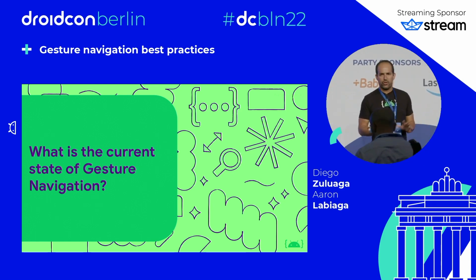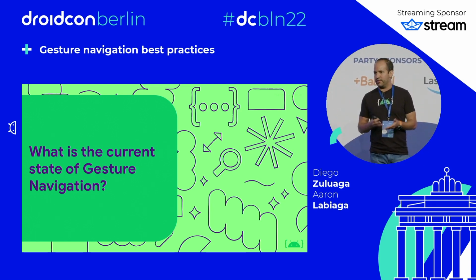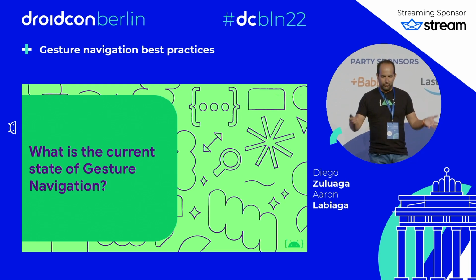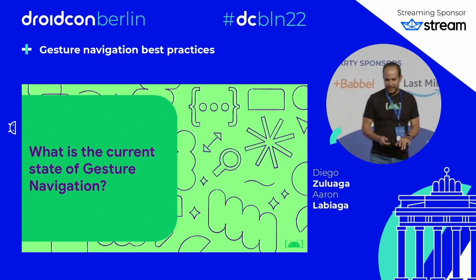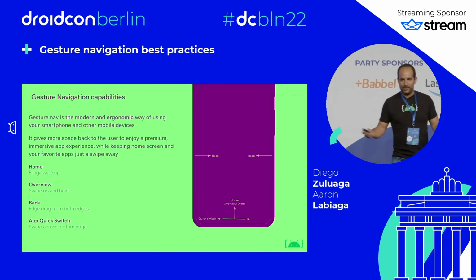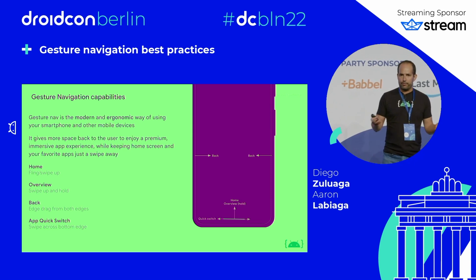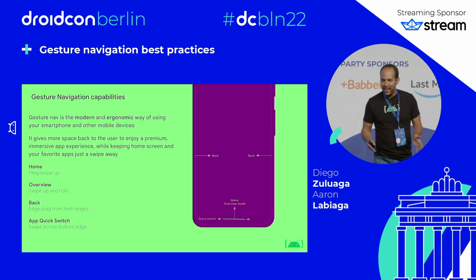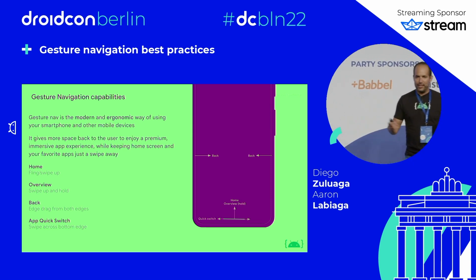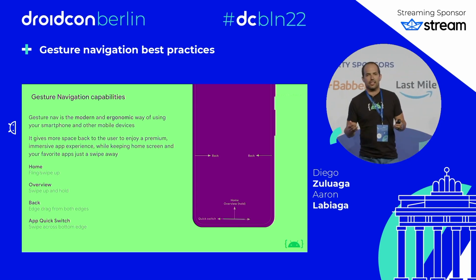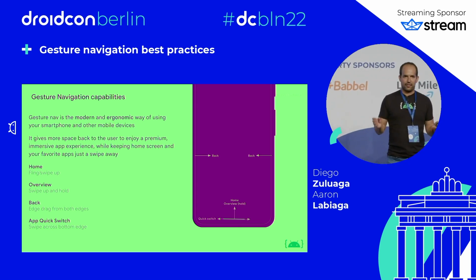This is super quick. Most of you are familiar with gesture navigation, of course, but for those of you who aren't, let's set the baseline. These are the main 4 capabilities. This is nothing new. Gesture navigation is accessible through these 3 regions on the screen.